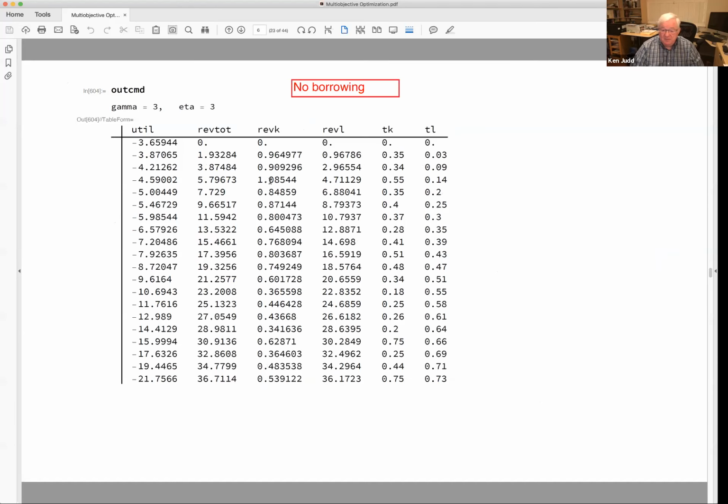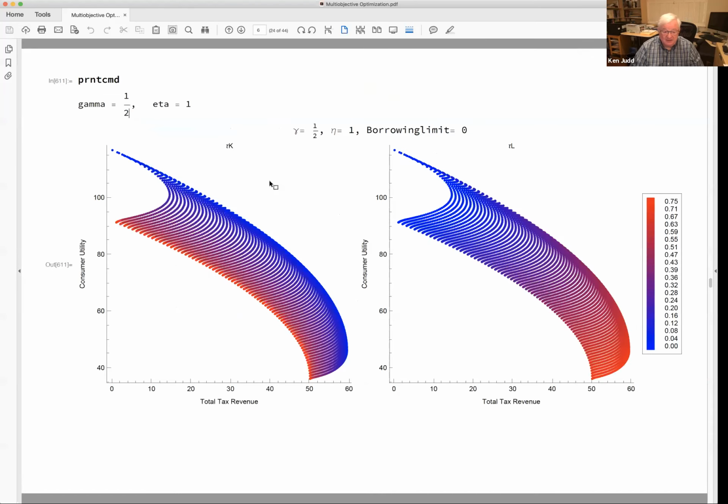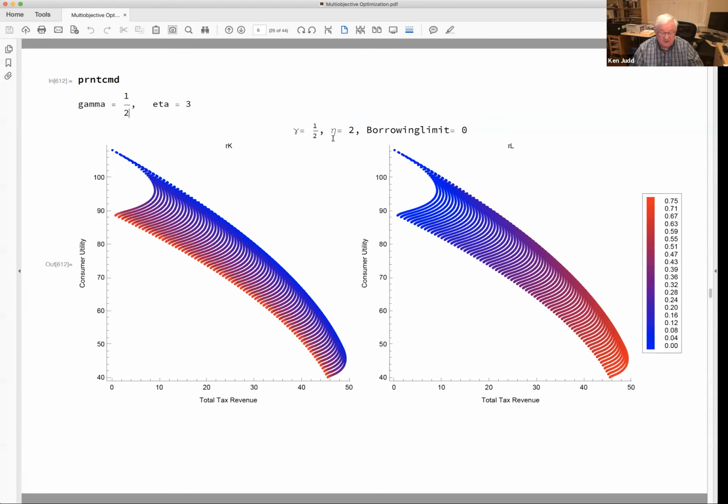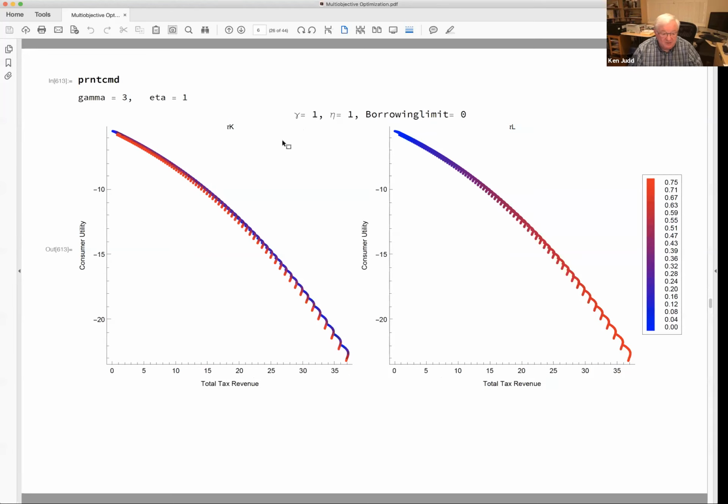Here's the picture. The borrowing limit is 0 here. And for gamma equals a half, we get basically the same pictures, no capital income tax. But now when gamma equals 3, or intertemporal elasticity is 1/3, we see that if this was finer resolution, we'd see that there would be some red points on the frontier.